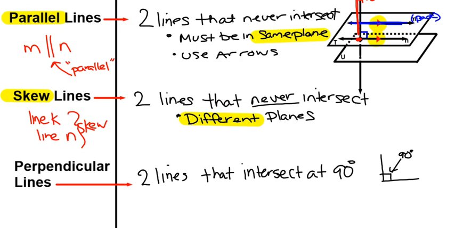If you notice in our picture, we have this little box right here. That means this line is perpendicular to this line. Right there, those are our perpendicular lines. That would be line K perpendicular to line N. And so notice that I put this symbol right here. That means perpendicular.